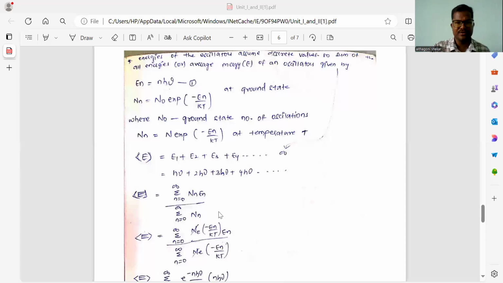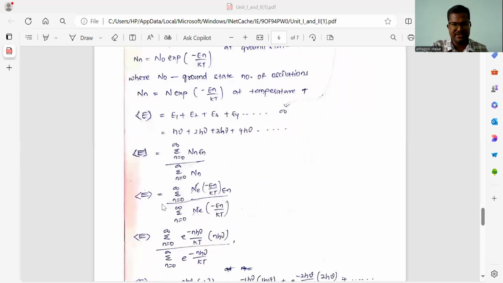The average energy equals the summation over n from 0 to infinity of Nn En.